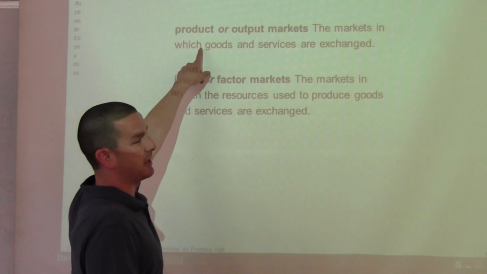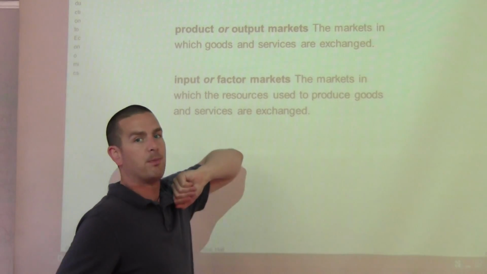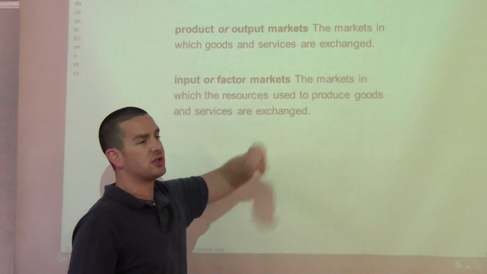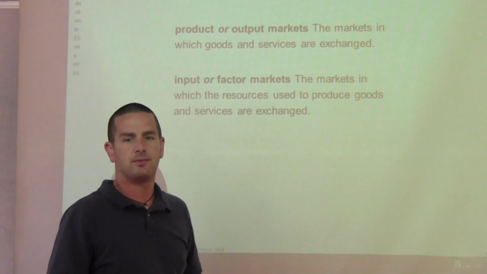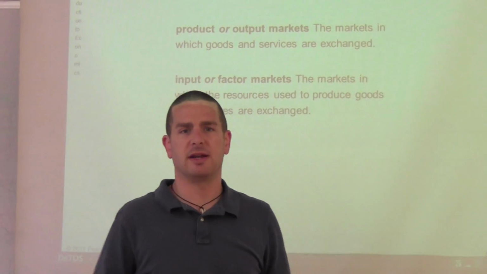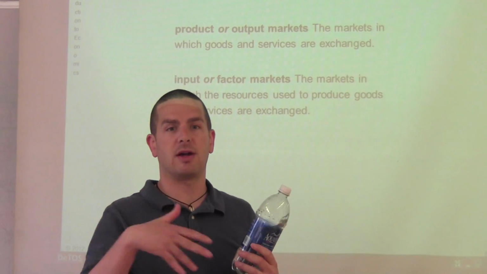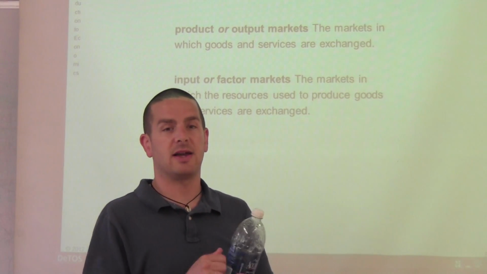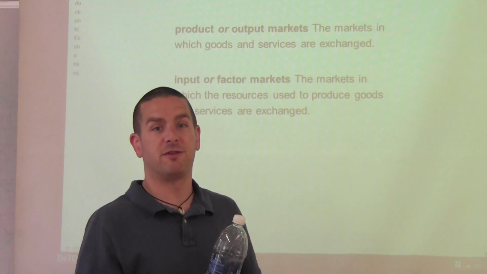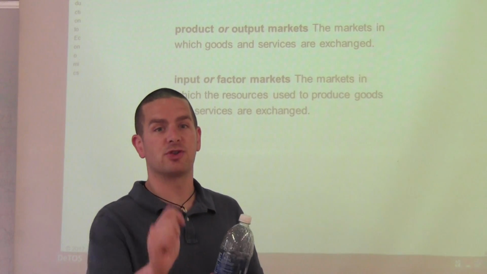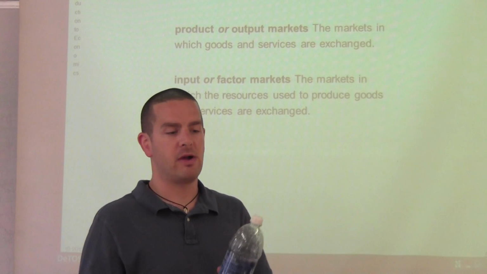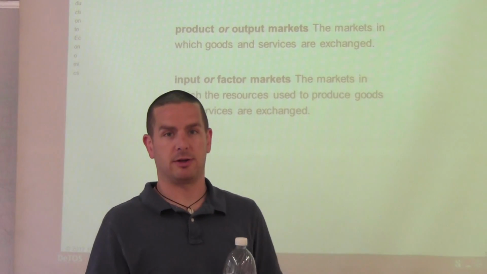In a product or output market, that's where goods and services are exchanged. So in a product market, it's where a good or service is exchanged, such as a water bottle. In a product market, I handed money to the firm, to the entrepreneur of that firm, and in return, I got a water bottle.